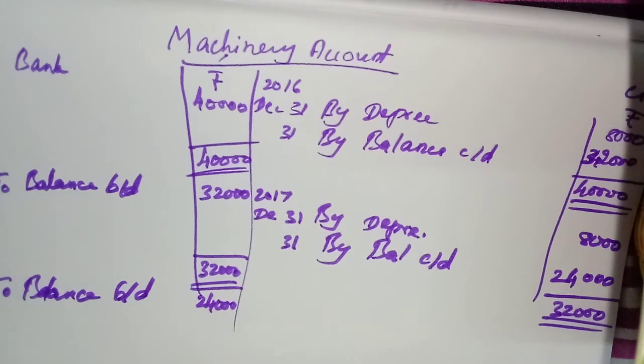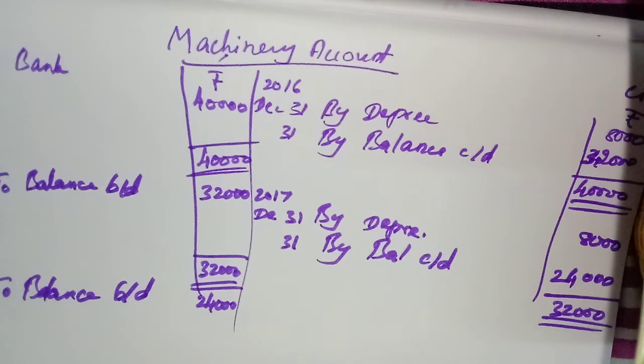A manufacturing company purchased on 1st April 2010 a plant and machinery for 4,50,000 and spent 50,000 on its installation. After having used it for 3 years, it was sold for 3,85,000. Depreciation is to be provided every year at the rate of 15% per annum on the fixed installment method.